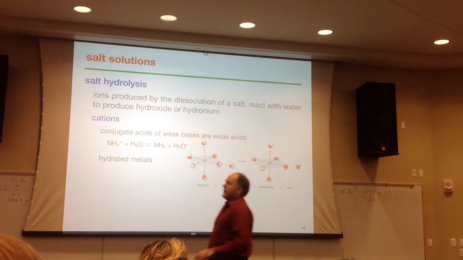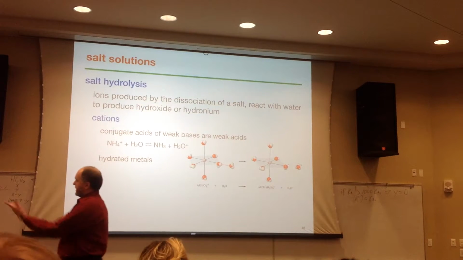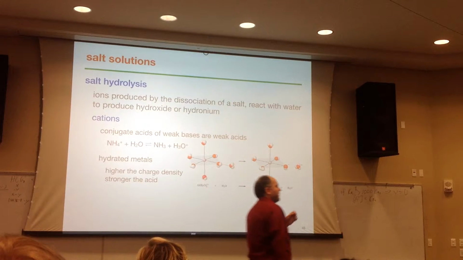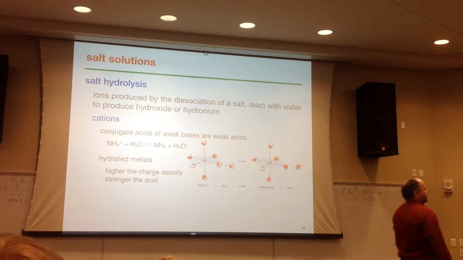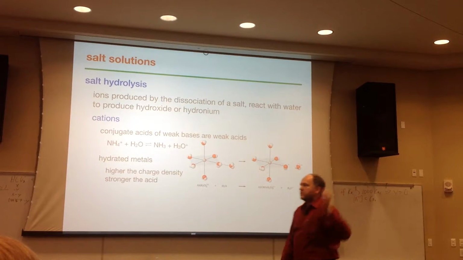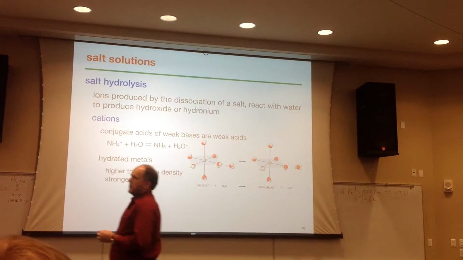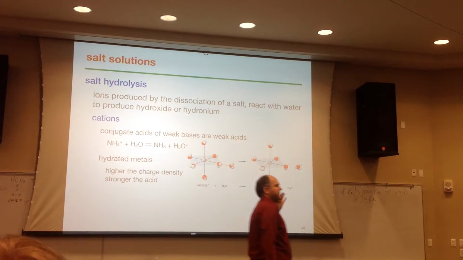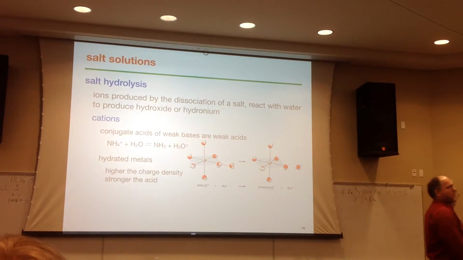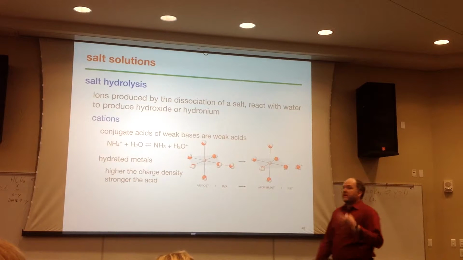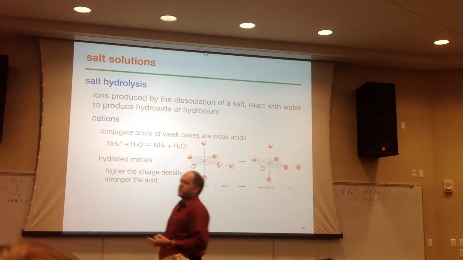All right? And so hydrated metals, in this case hydrated aluminum, is acidic. Now, the way we're going to determine how strong this is as an acid is by looking at charge density. Aluminum is a 3+ cation. But where is aluminum on the periodic table? Third row, meaning it's actually relatively small. And 3+ means that it's got 3 fewer electrons than it's supposed to have.